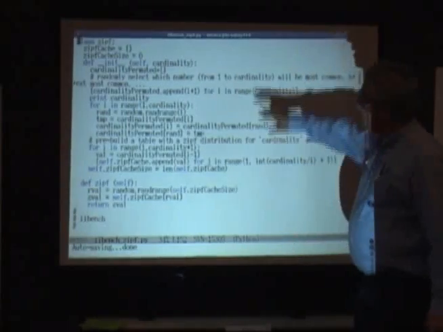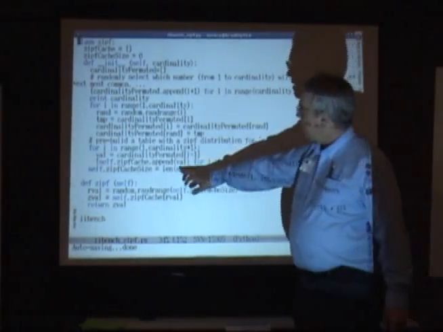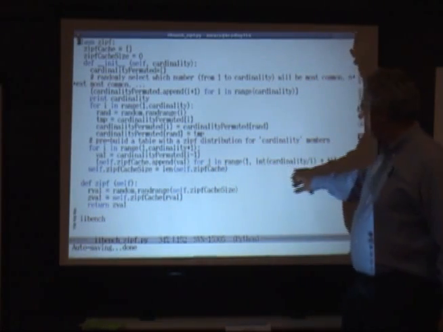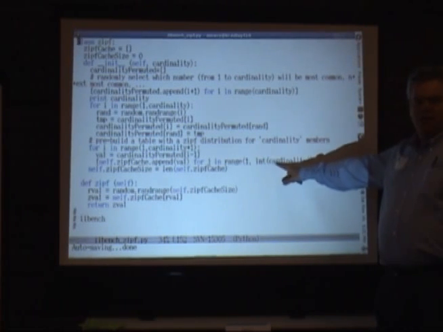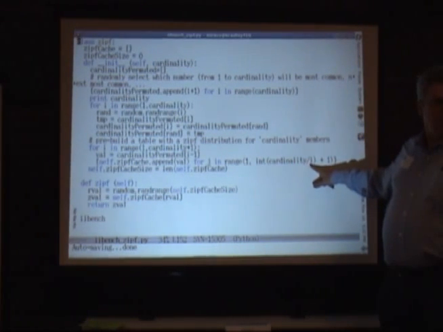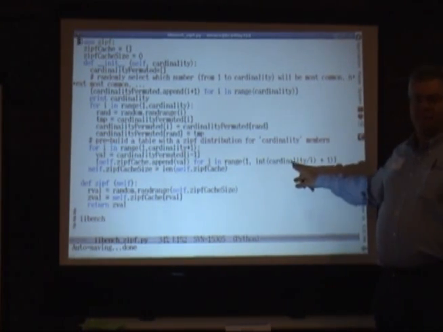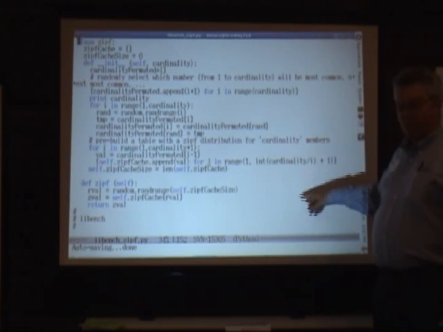To fill in that array, we filled in a number of values: when i was 1, we filled in a certain number of those values. Cardinality might be 1,000,000, so we filled in 1,000,000 ones. When i was 2, we filled in 500,000 of the second thing, and 1/3 of a million of the third thing, and so forth.